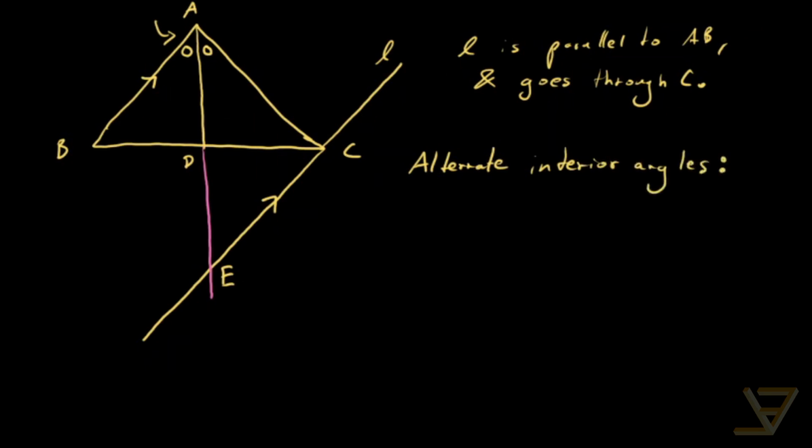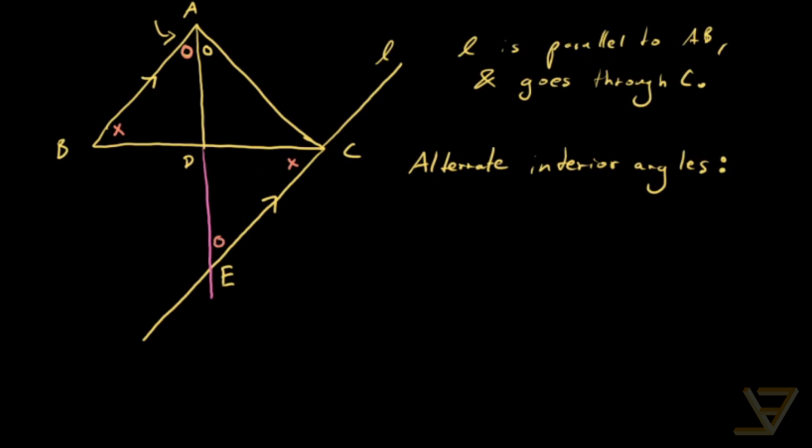We've got X over here, so by alternate interior angles, X is also here. And we've got O over here, so we've also got O over here by alternate interior angles.